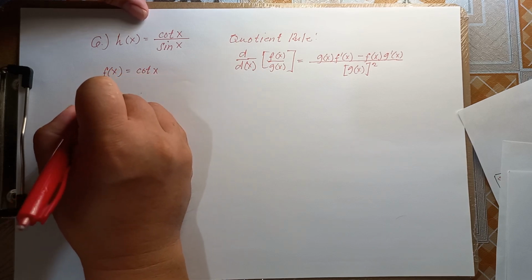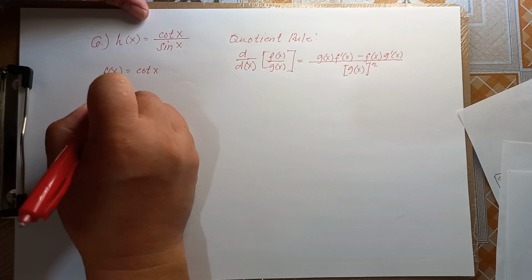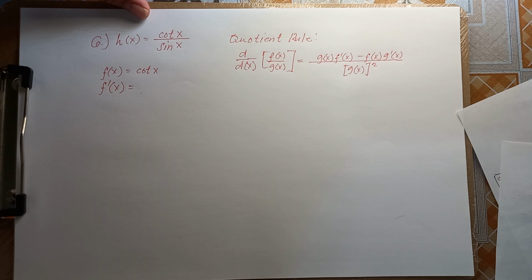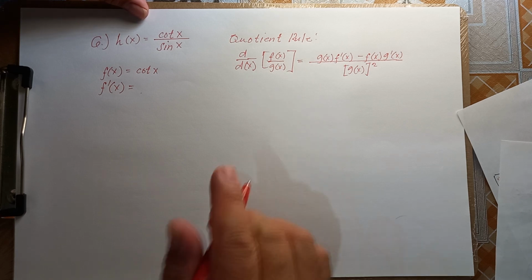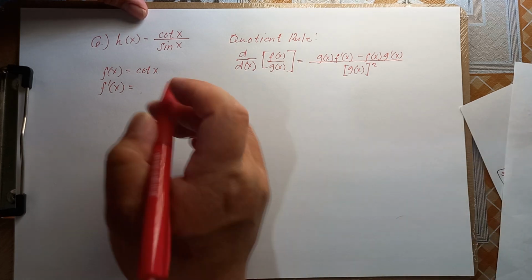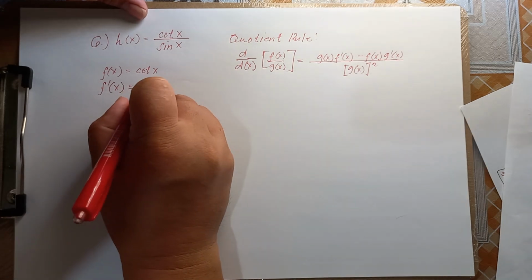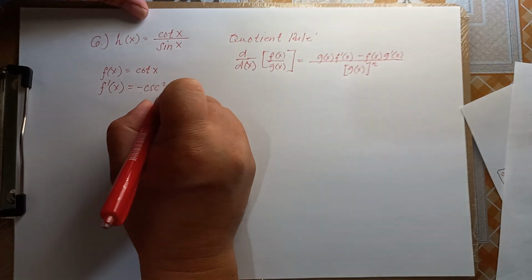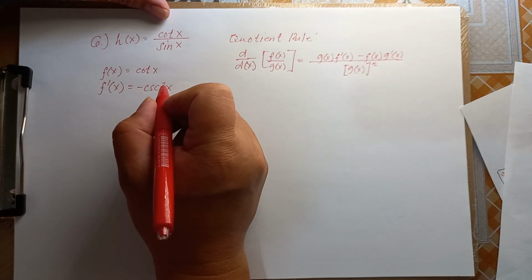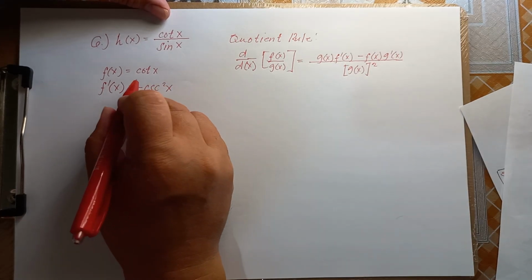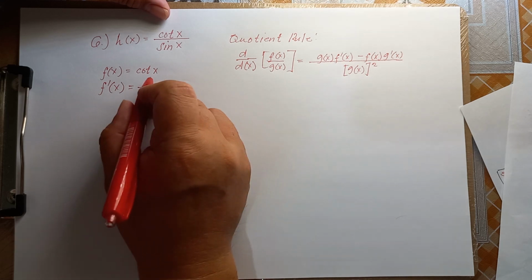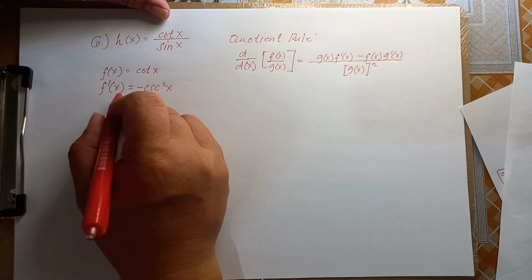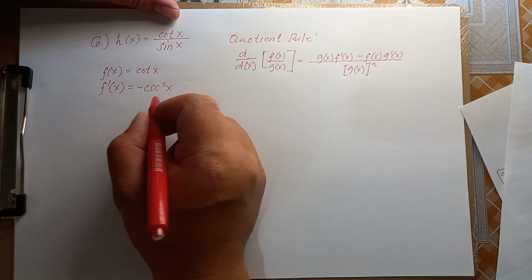The derivative would be f prime of x is equal to negative cosecant squared x. That is the derivative of the cotangent x multiplied by the derivative of our u, which is x, that is 1.